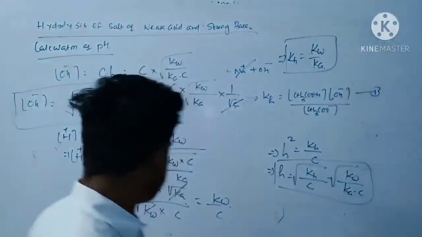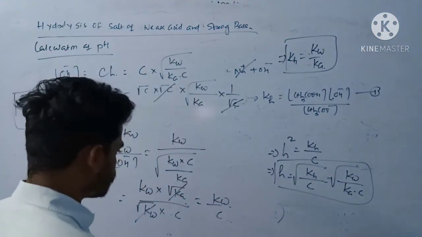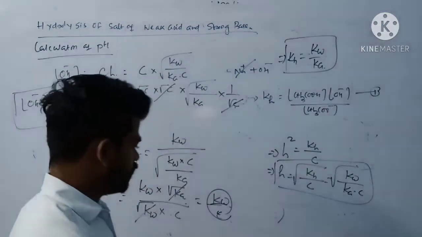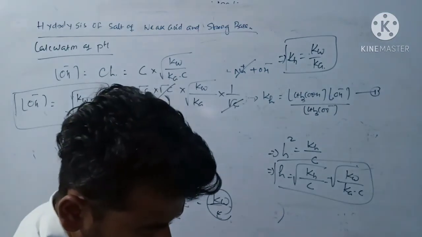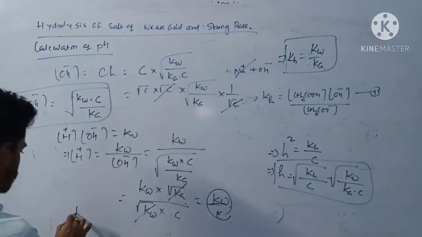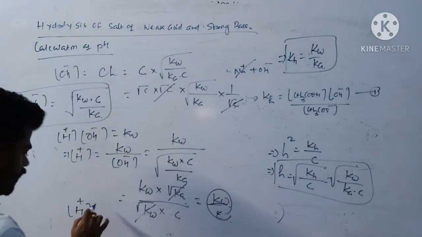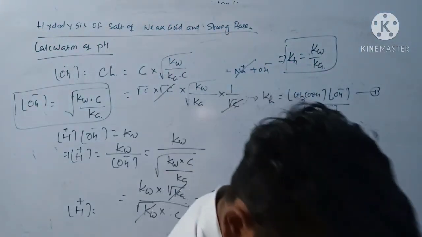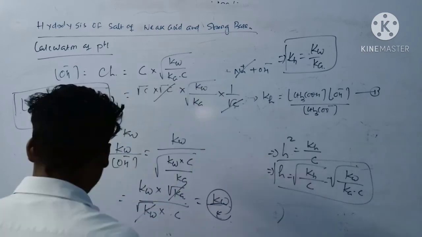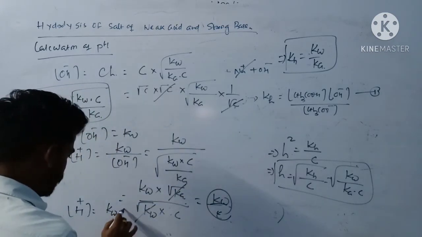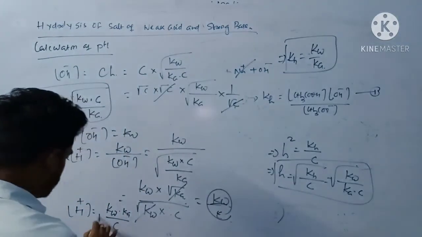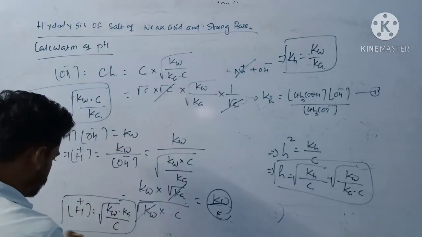So finally you can get Kw upon C, that is the value of H plus. So the H plus ion concentration will be equal to root over of Kw into Ka divided by C.